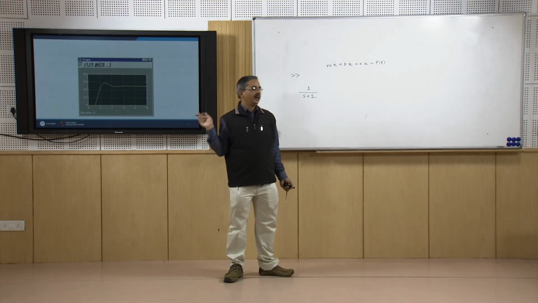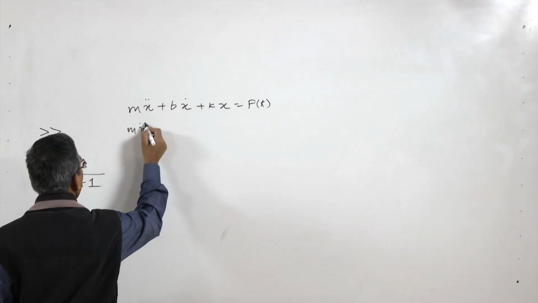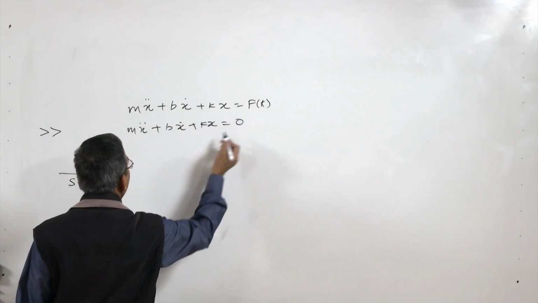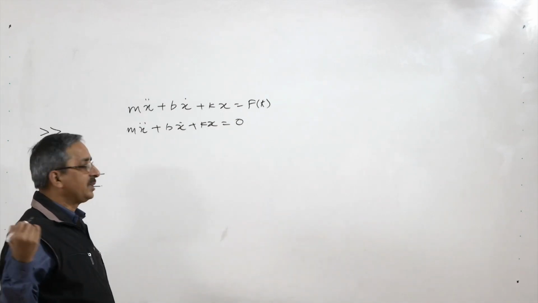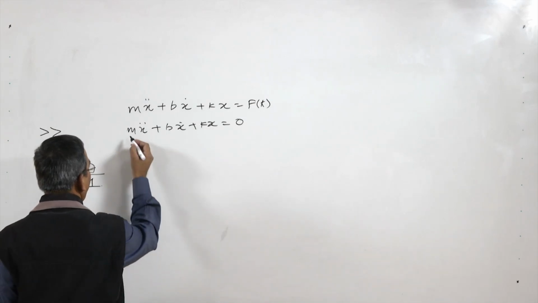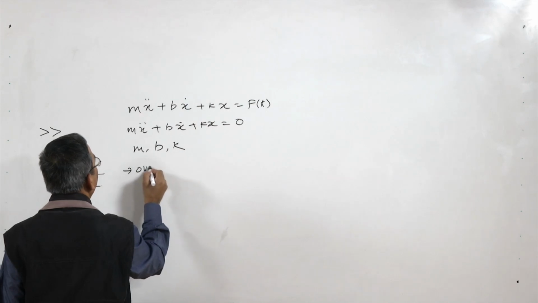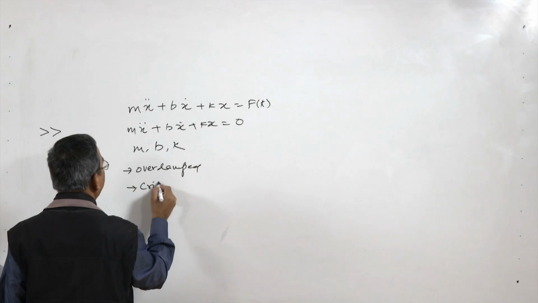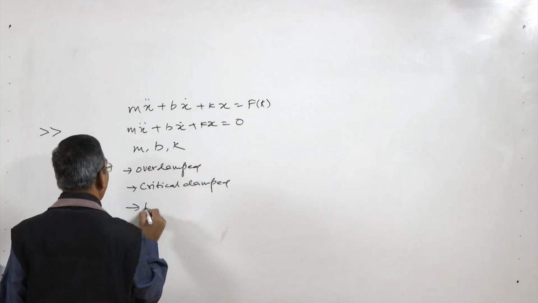And again here, what I will suggest is that you go for m x double dot plus b x dot plus k x is equal to 0. Get the transfer function for this case, and then do the simulation and observe all 3 cases depending on the values of m, b and k, that is the overdamped, critically damped and underdamped.